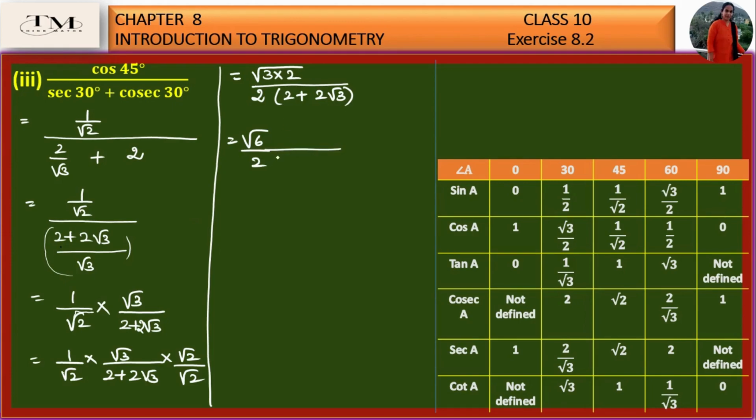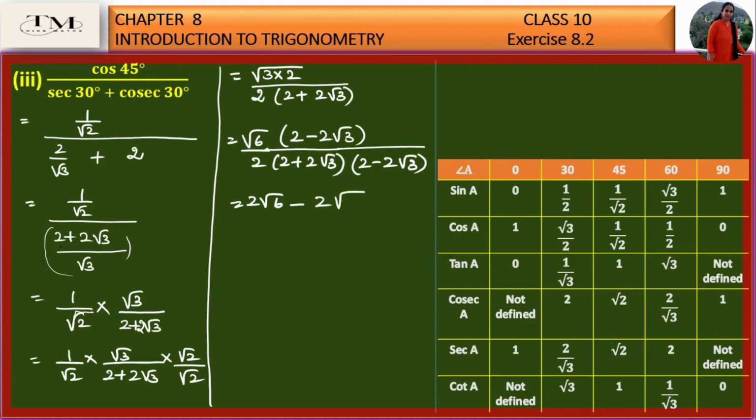Again we have 2 plus 2 root 3. So its conjugate is 2 minus 2 root 3. So we have to multiply with conjugate 2 minus 2 root 3 and divide with the same conjugate 2 minus 2 root 3. So if you multiply with this, it is 2 root 6 minus 2 is here.